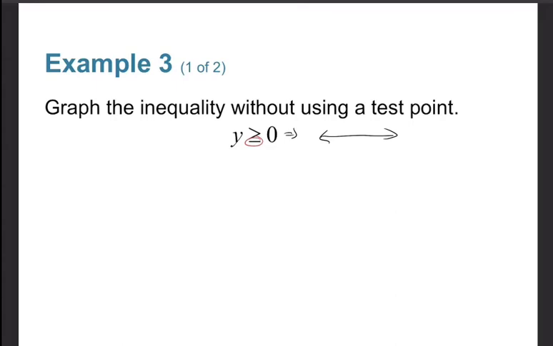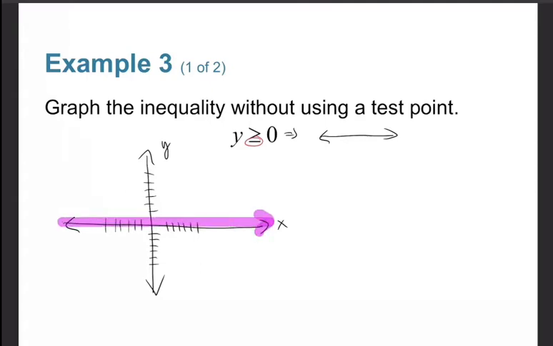So let's start. That's our graph. This is x and this is y. My line will be like this, because it's 0, 0 and it's a horizontal line.